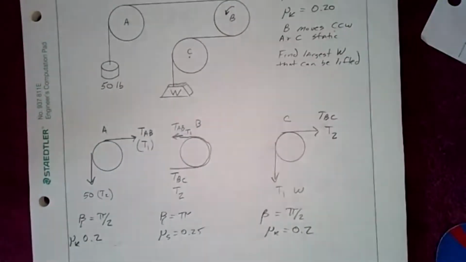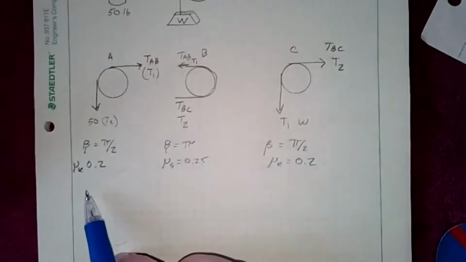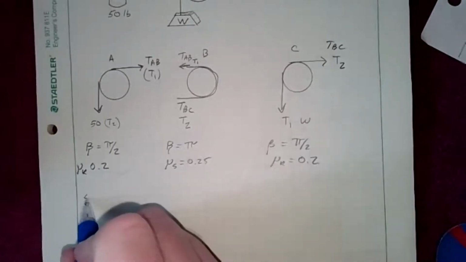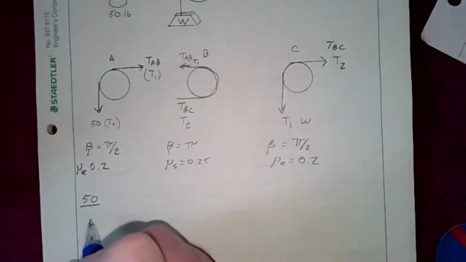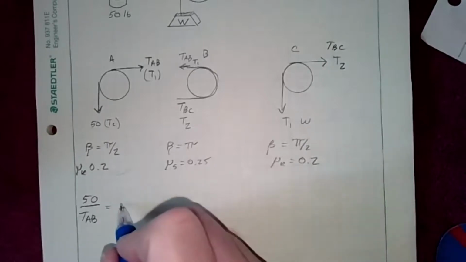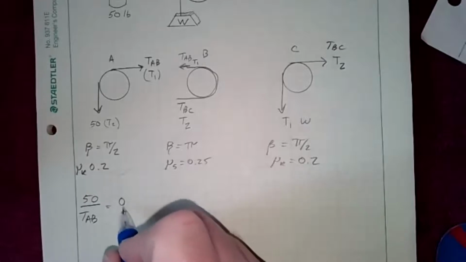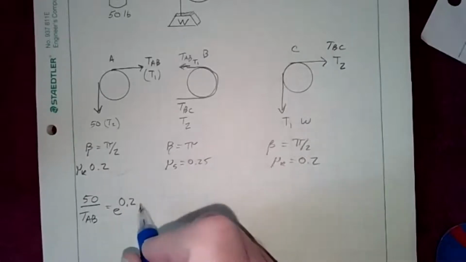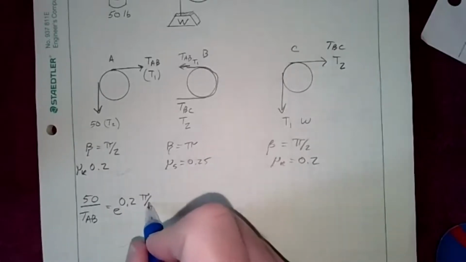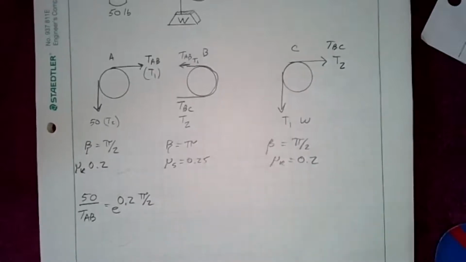So let's start off. We can write our equations then. We know that 50 over TAB equals e to the 0.2 times pi over 2. All right.